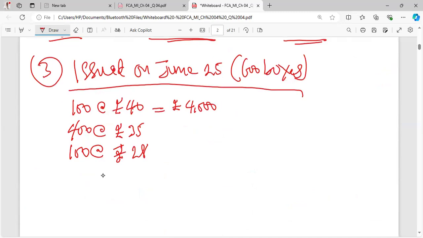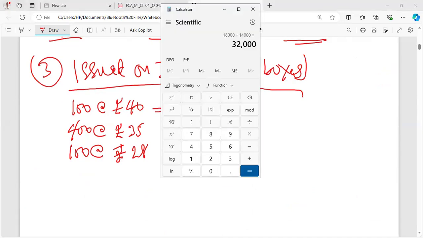All right, so we activate our calculator once more. 400 multiplied by 35.